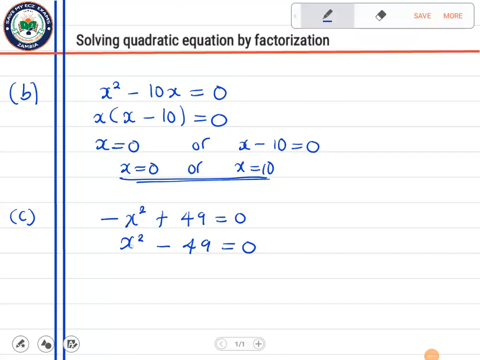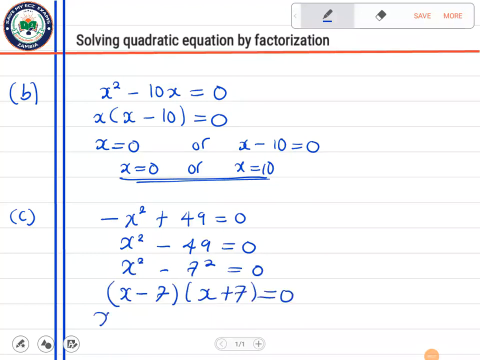The x squared is a square. 49 is a square of a certain number, and the square root of 49 is 7, so 7 squared equal to 0. This will give us x minus 7 and x plus 7 being equal to 0. This means that x is equal to 7 or x is equal to negative 7.